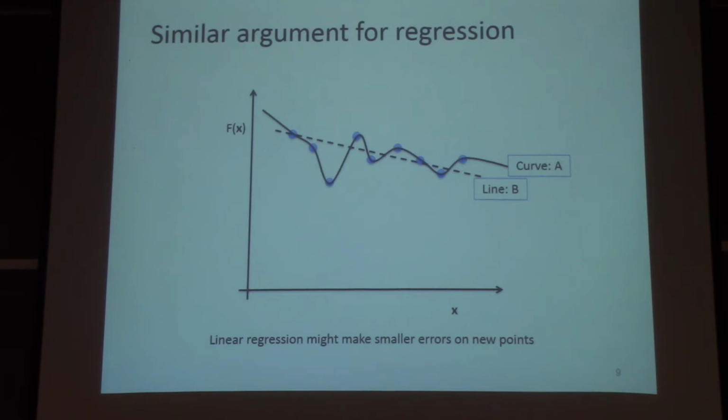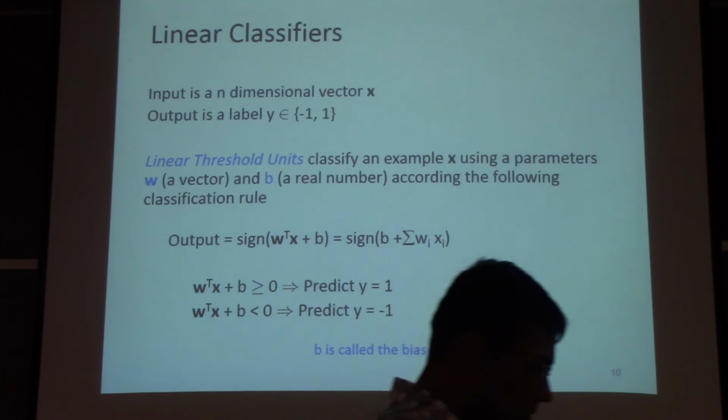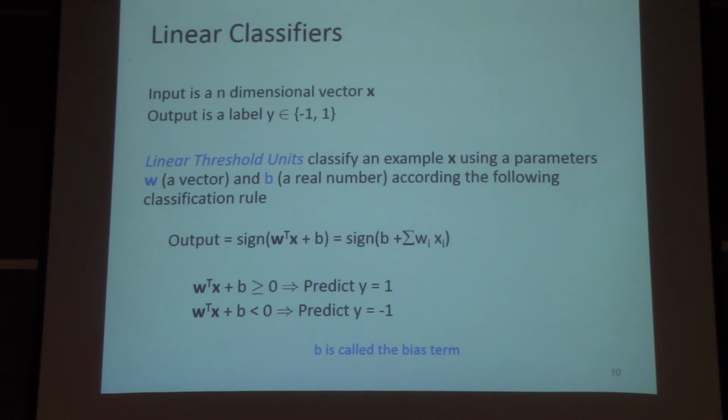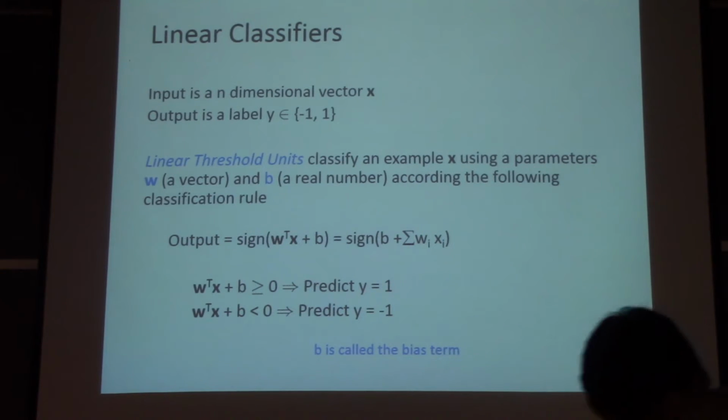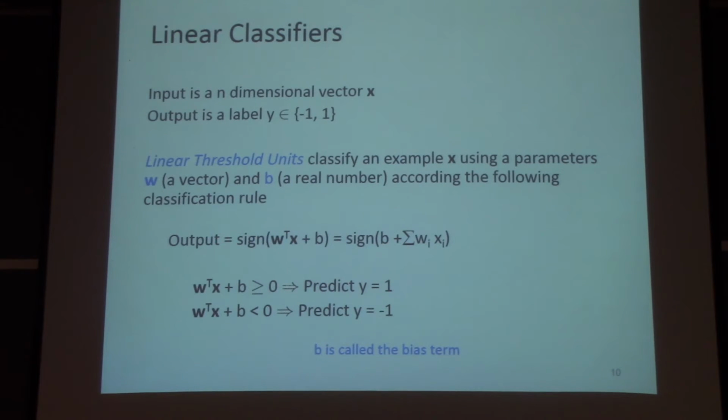So let me give a terse definition of linear classifiers, but explore this idea a little bit more as we go along. For most of the rest of this class, even the semester, I'll assume that inputs are n-dimensional vectors. Sometimes I'll use d for the dimensionality, and it should be obvious from the slide. So inputs are vectors in some large dimensional space, and for classification the label is one of a discrete set.